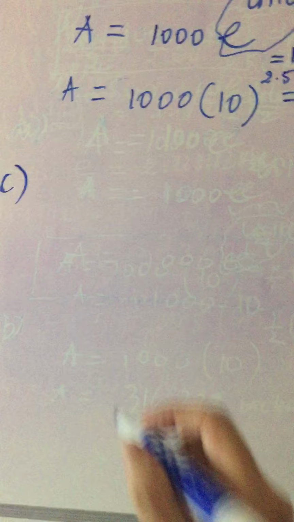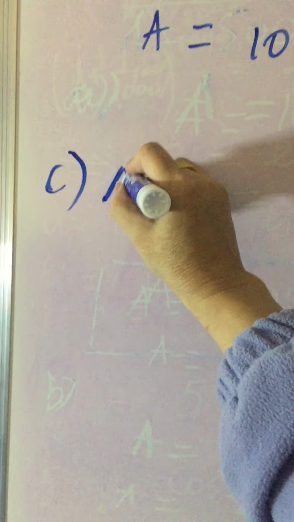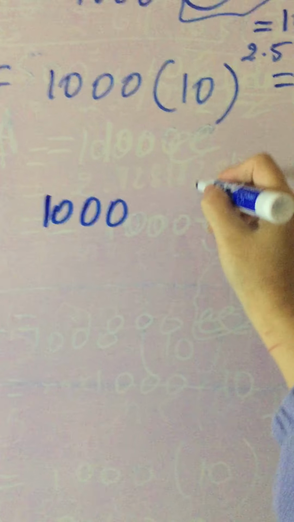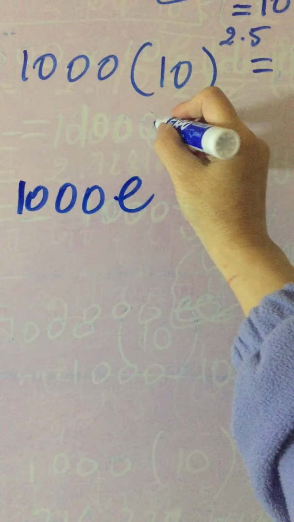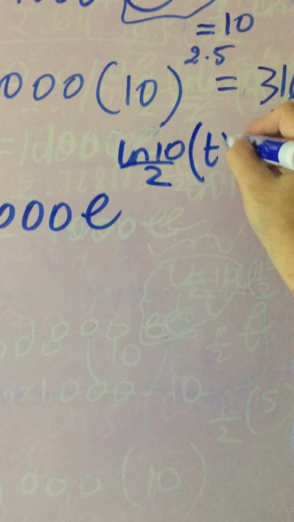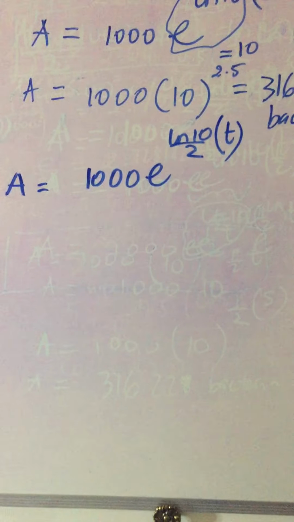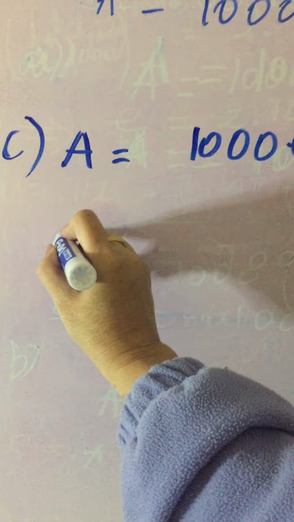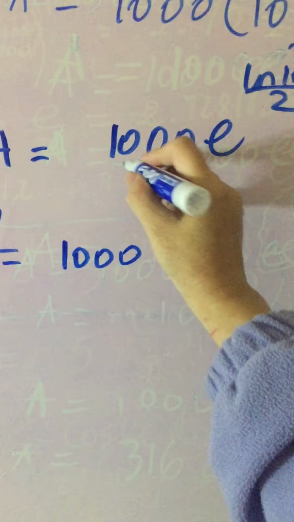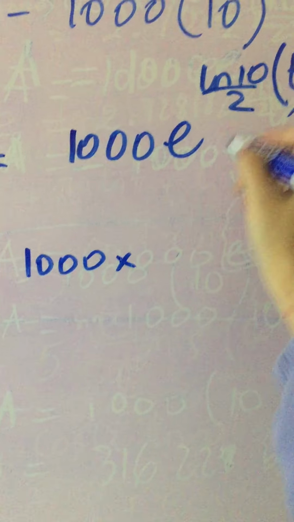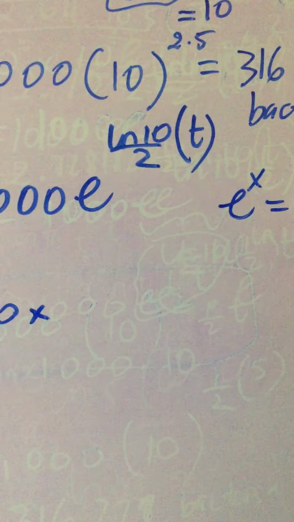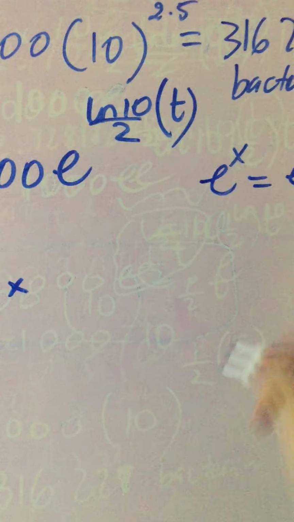So in here we're going to say A prime, but let's write out the original equation first. We have 1000 e to the ln 10 over 2 times t. Find the rate of growth after 5 hours. So A prime will be equal to 1000, just 1000, times e to the... remember yesterday we talked about e to the x; the derivative of e to the x is e to the x itself, right?